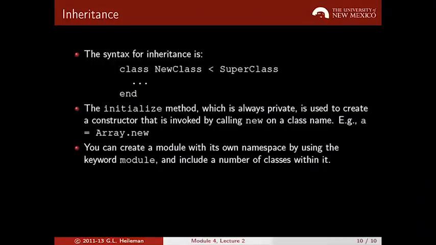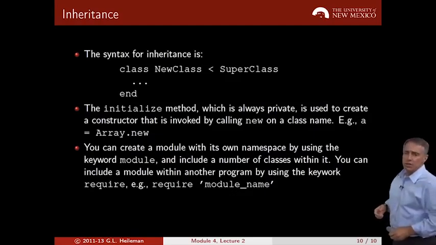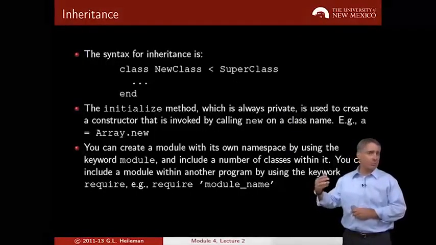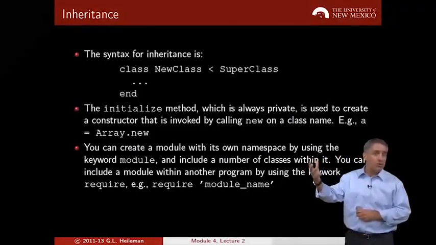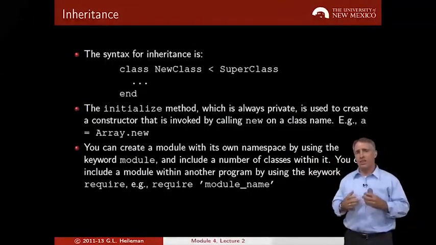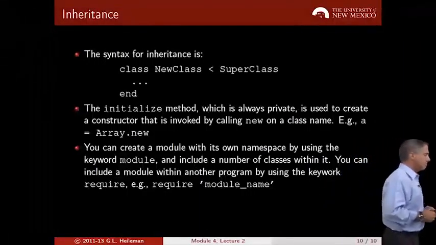And this is how you can put a whole bunch of classes together, create a module, and then include that module in other Ruby applications. And in order to include that module, you use the keyword require. You would say require, and typically this is placed at the top of a Ruby file. Require, in single quotes, the name of the module you'd like to include, and that's all there is to it.